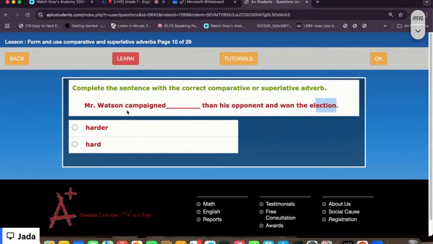So campaigned harder or hard. Okay, so campaigned harder.